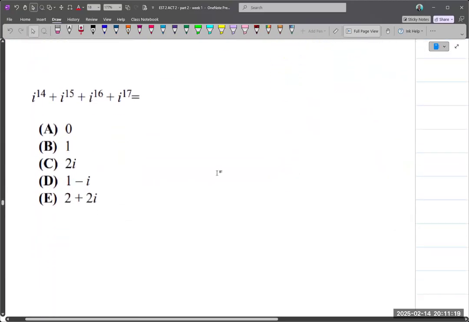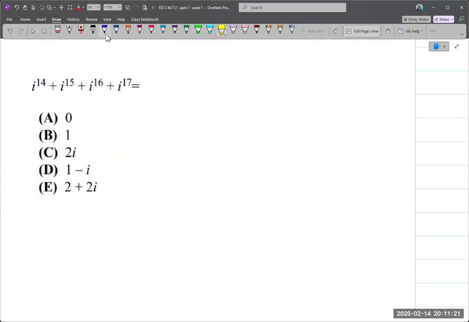Okay. Here the properties of i, we agreed together that i to the power of 4 is equal to 1. i to the power of 3 is equal to negative i square, which is equal to negative 1, and we will keep it as it is.